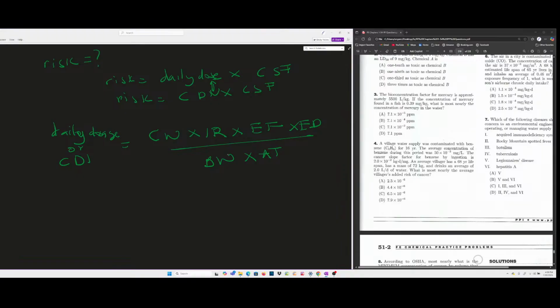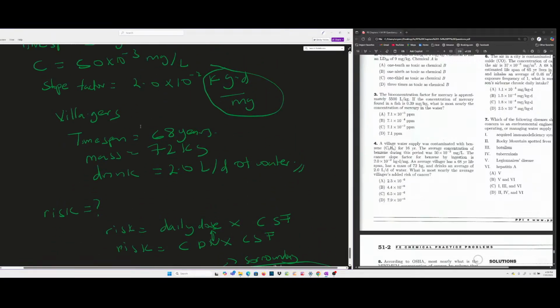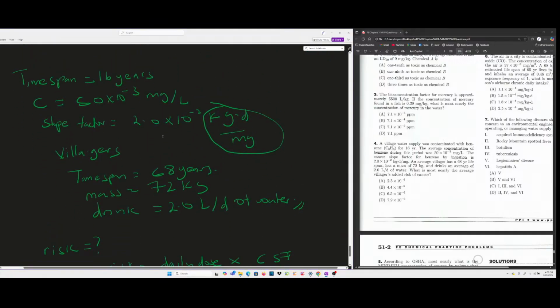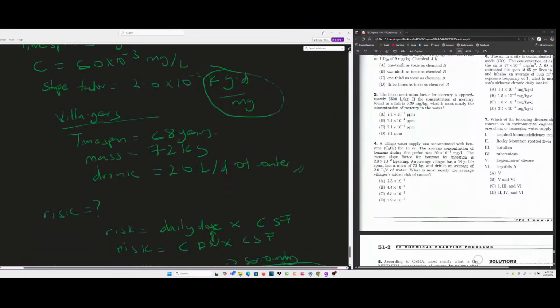The bottom part only deals with the villagers. This part deals with the surroundings. I divided this into the villagers, and I'll call this the surroundings.